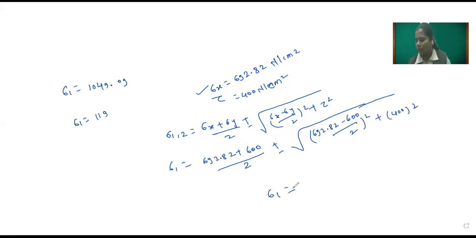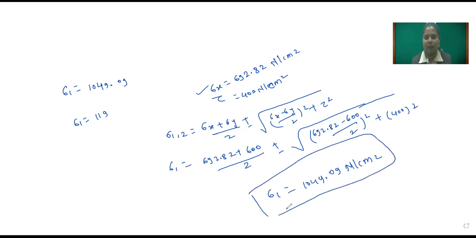It is 1049.09 Newton per centimeter square. This is the correct answer. And sigma 2 is 243.73 Newton per centimeter square. This is also correct.